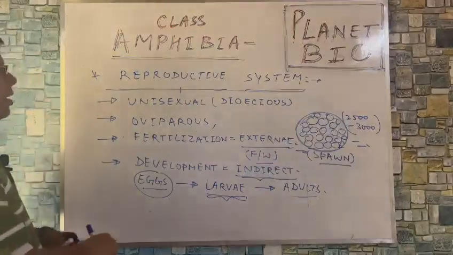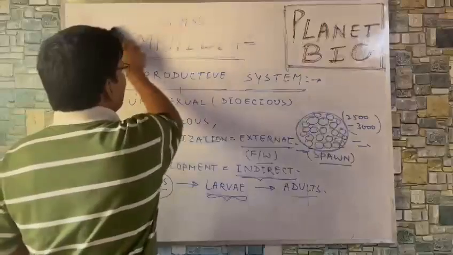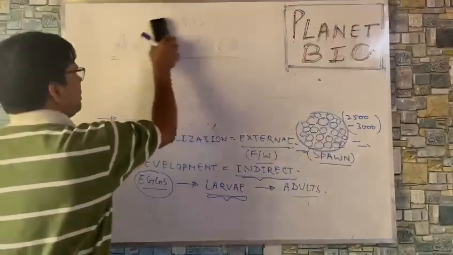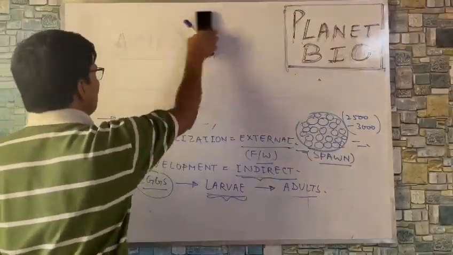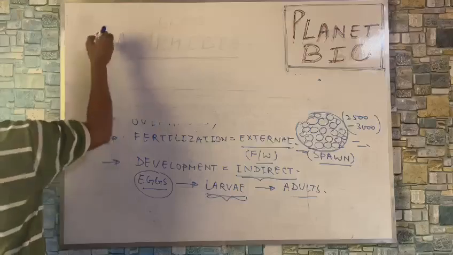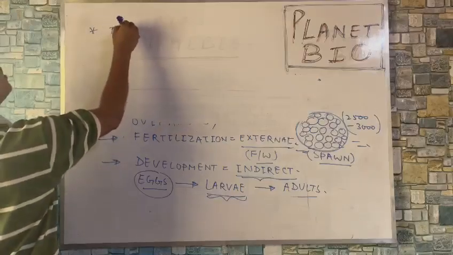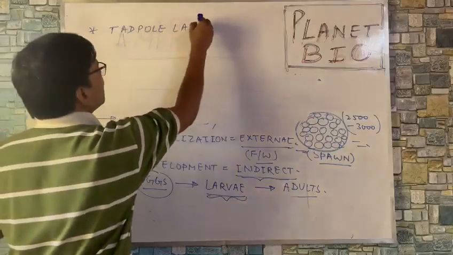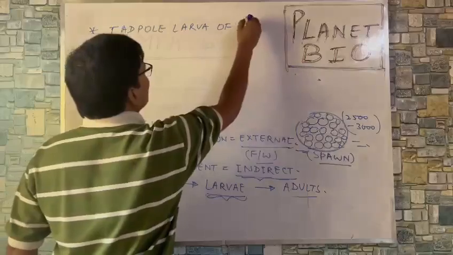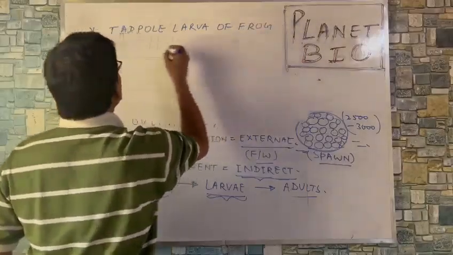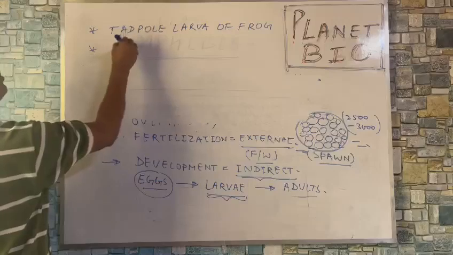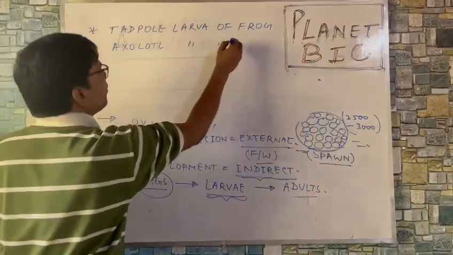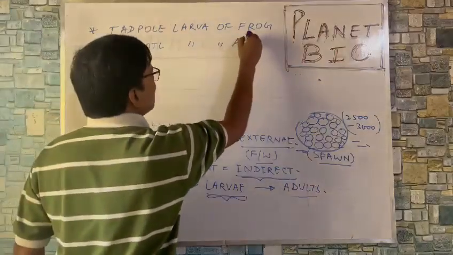And for example, we can write, you can see the names of the larvae. Tadpole, larva of frog. Then axolotl, larva of ambystoma.